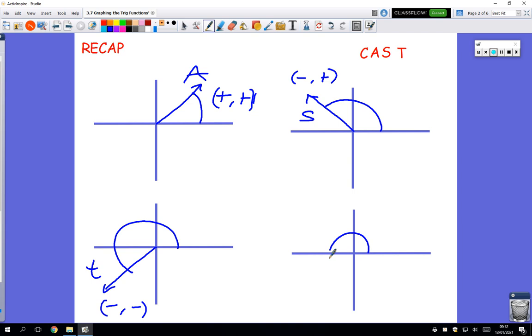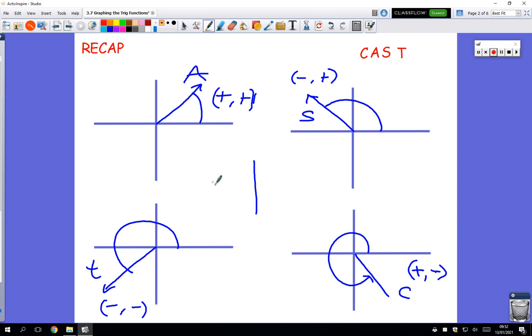Sweeping an angle into quadrant 4, every point in here has a positive x and a negative y. So y over r will be negative. X over r will be positive, y over x, negative over positive, is going to be negative. So only cosine is negative in there.